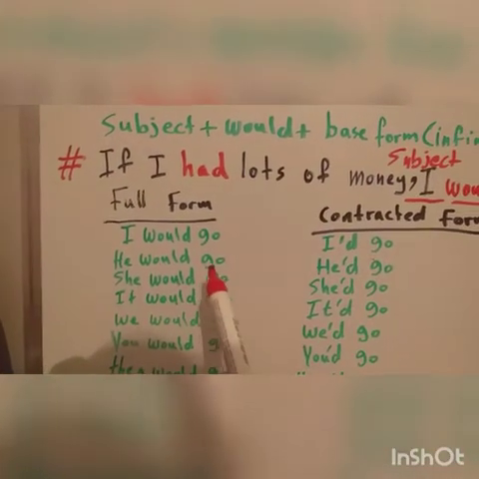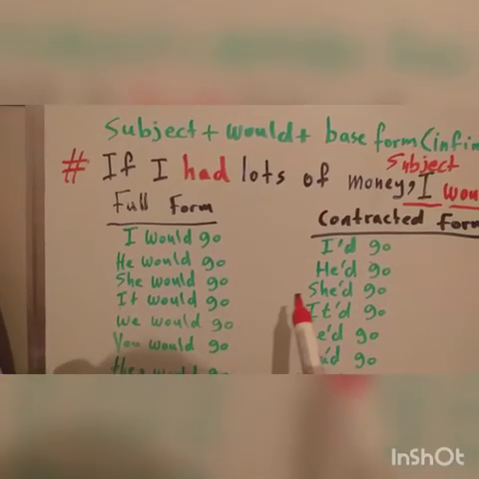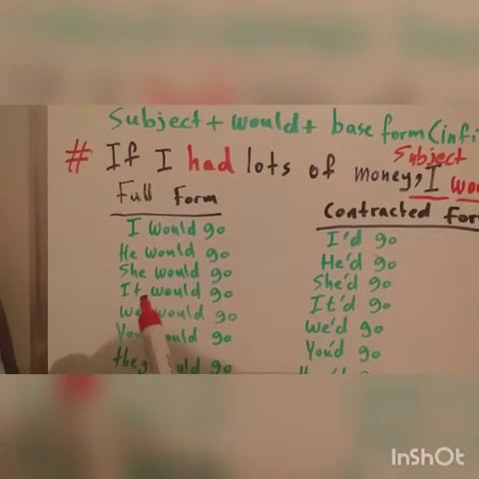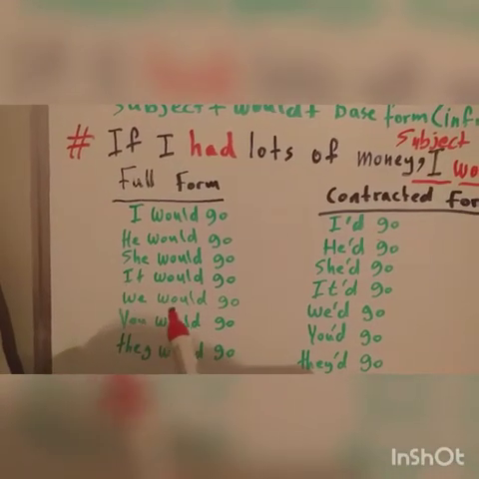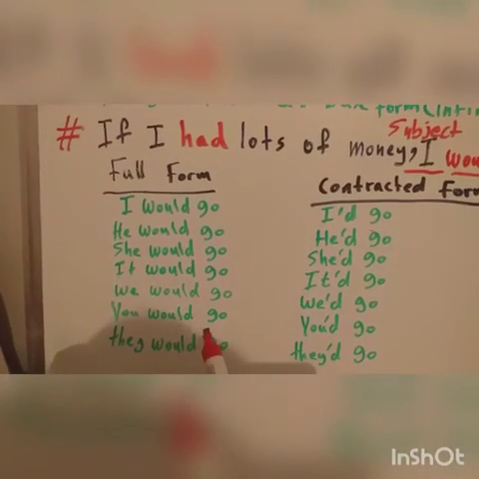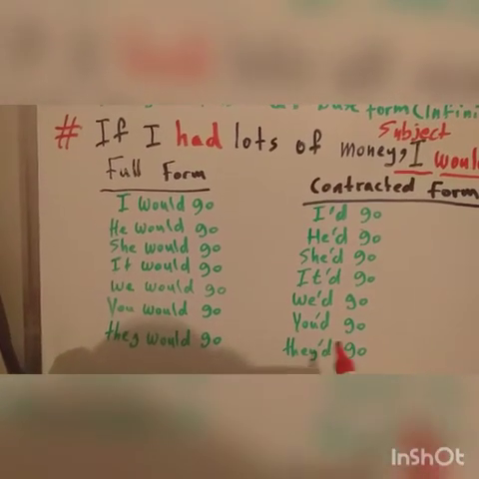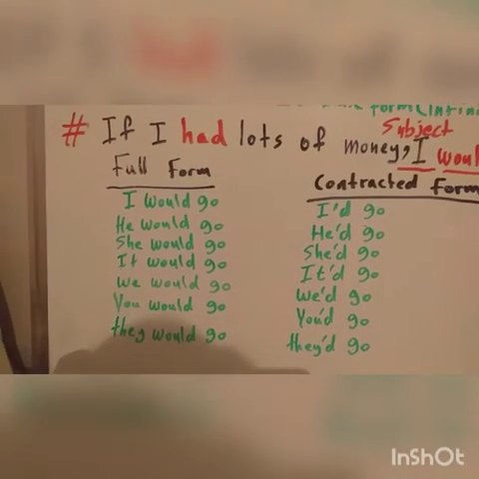He would go, he'd go. She would go, she'd go. It would go, it'd go. We would go, we'd go. You would go, you'd go. They would go, they'd go.